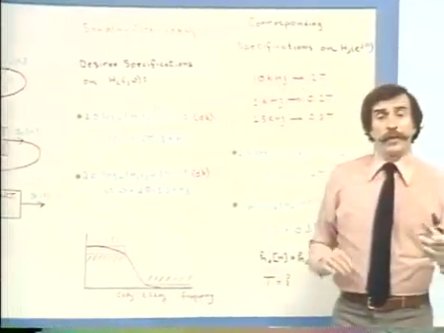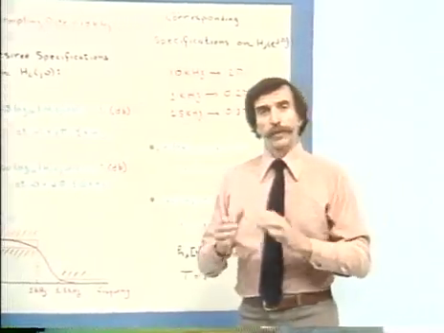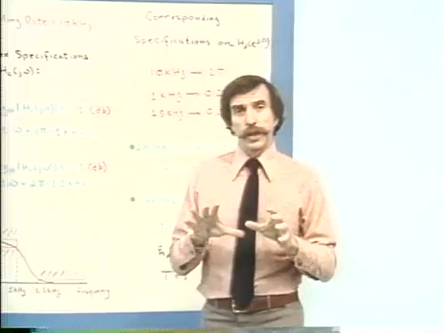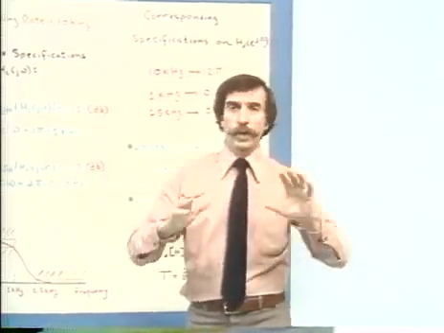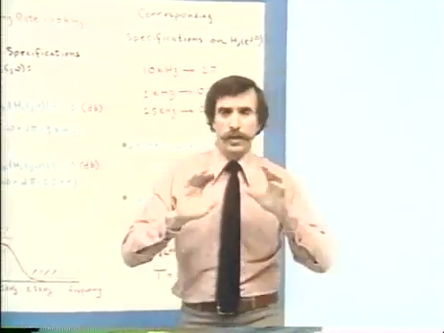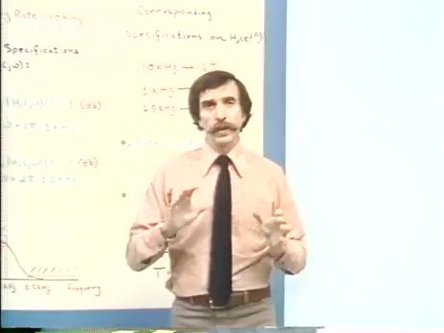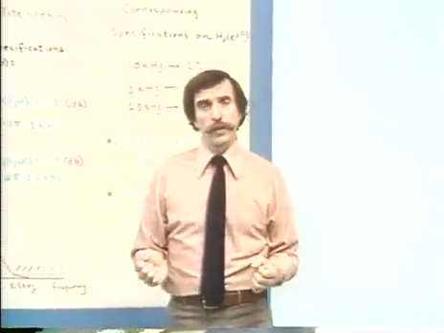Now, what we have to figure out is what the corresponding specifications are for the digital filter. And the strategy, let me emphasize, is that we have a situation where we're doing continuous time, discrete time processing of continuous time signals. And we have a set of specifications associated with that.